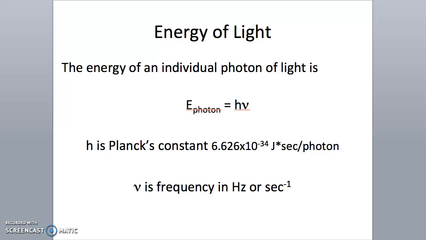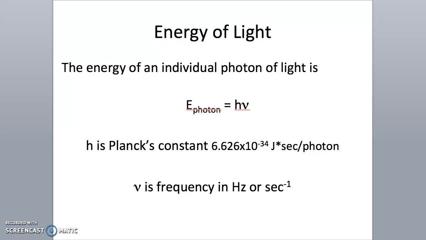So we can calculate the energy of an individual photon of light. And this goes back to the photoelectric effect, where we say that light, when it's acting like a particle, is like an individual little bundle of light. And we call that little bundle a photon. So when we talk about a photon, we're talking about light, but just one little bundle of light.